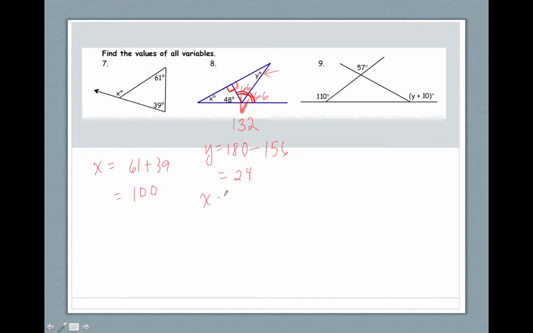And x is 180 minus 90 plus 48, which is 138. So x equals 42.